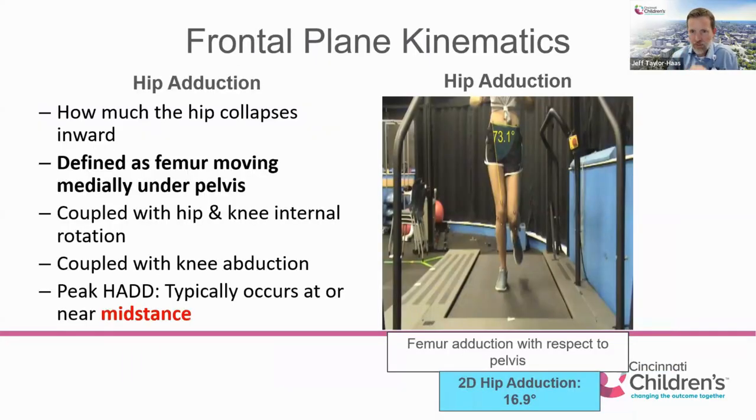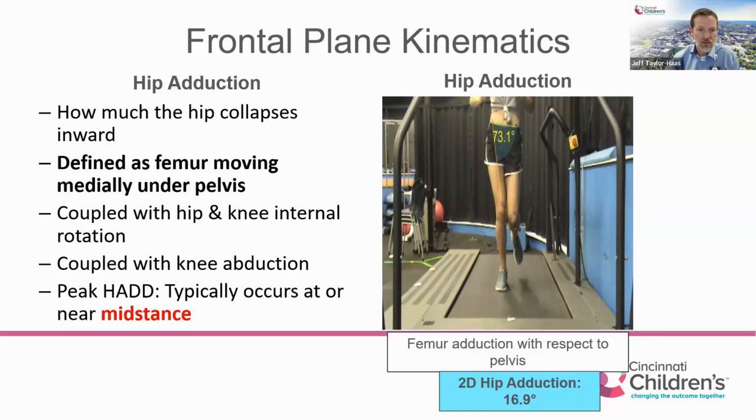Here, as we look at hip adduction, this is the femur moving medially under the pelvis. It's important to bear in mind this concept of coupled motion, and that is when joints move synchronously with each other due to their anatomical articulations. So as the hip adducts, it also internally rotates, and the knee internally rotates as well.